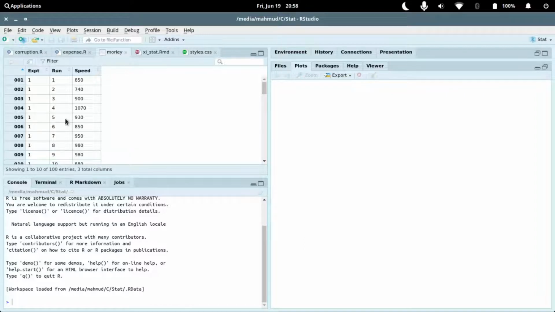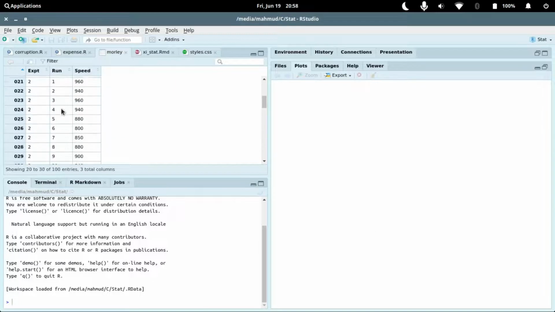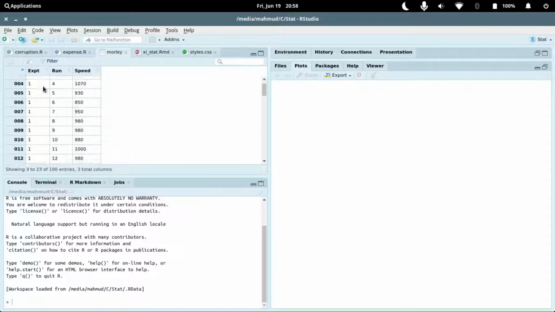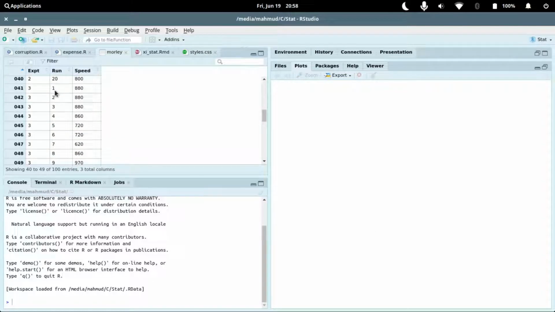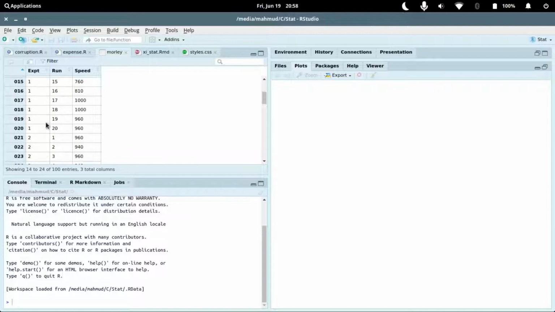This is a table. They conducted several experiments and finally proved that light always travels at a constant velocity.